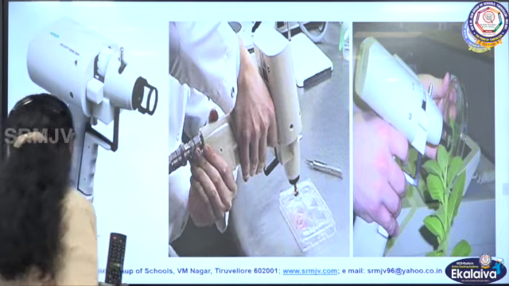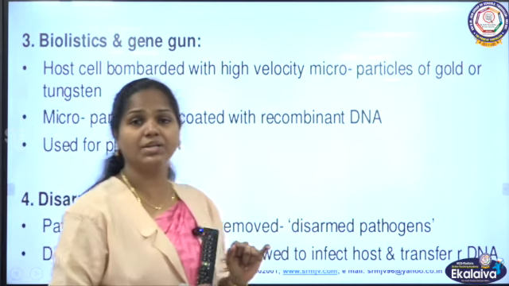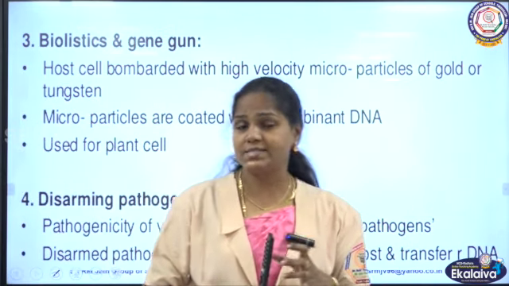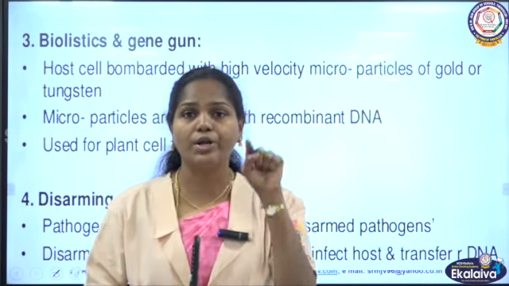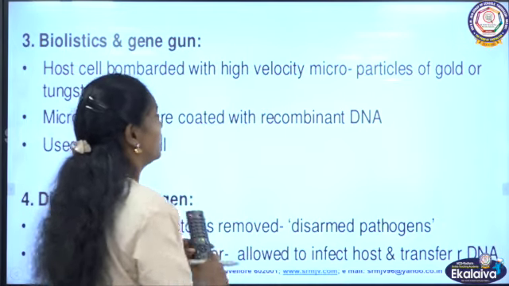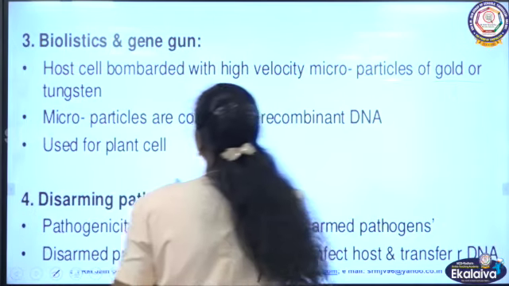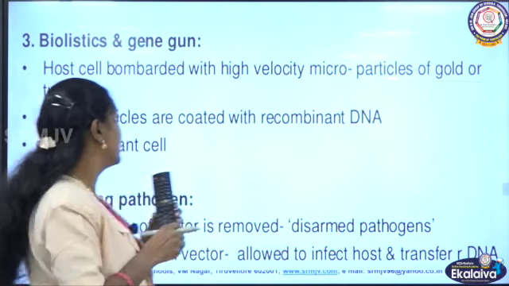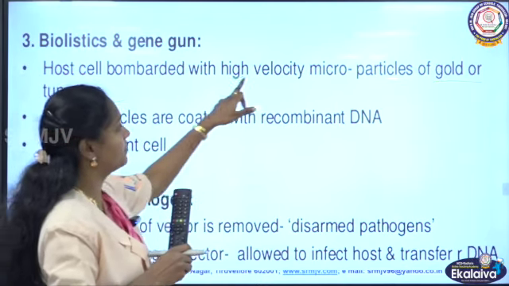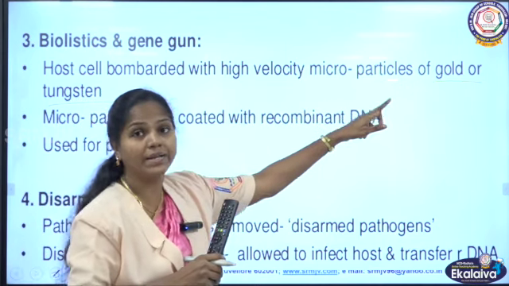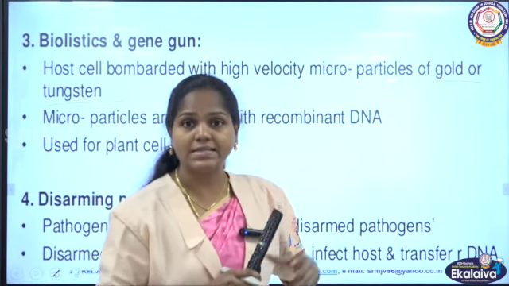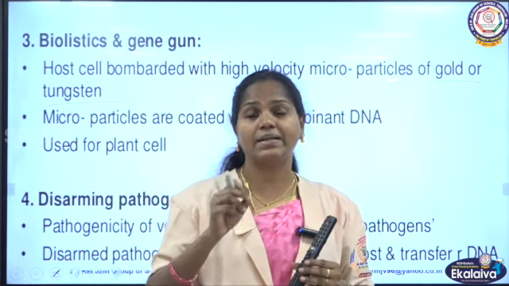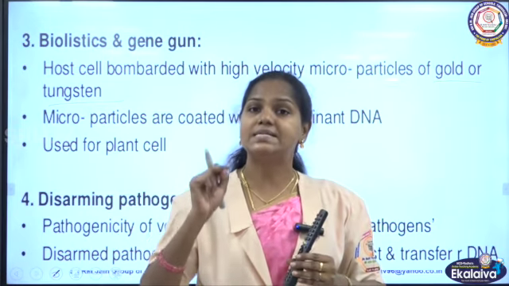So how do they use this gene gun? The DNA is taken and coated on the surface of gold or tungsten particles. The host cell is bombarded with high velocity microparticles of gold or tungsten coated with our DNA.